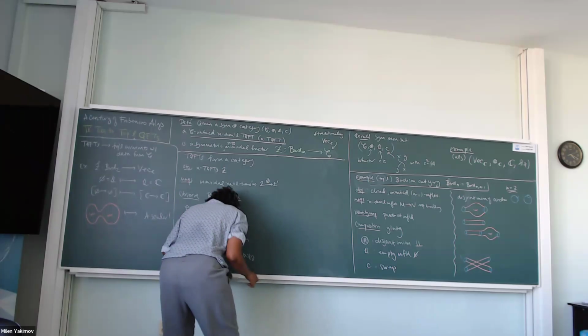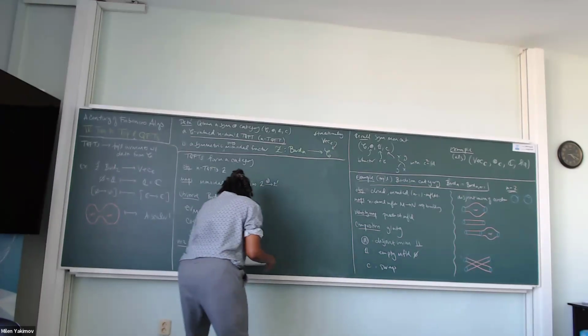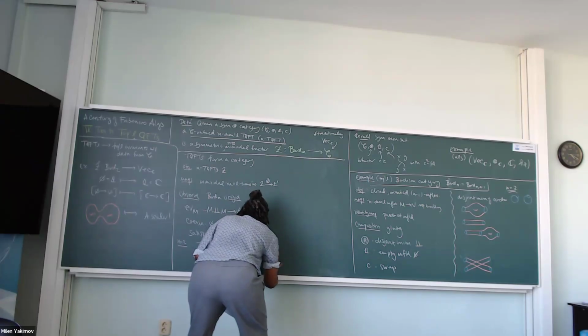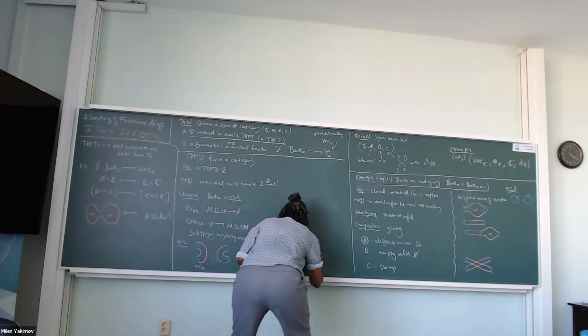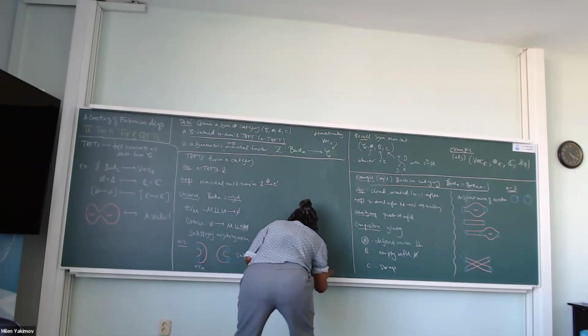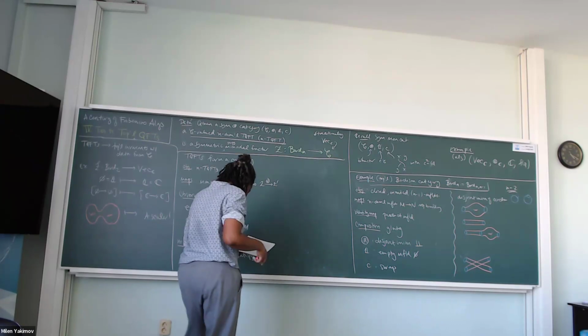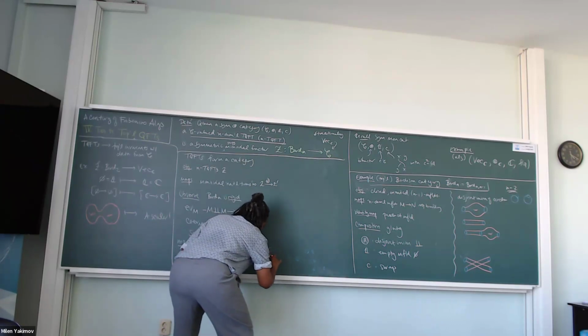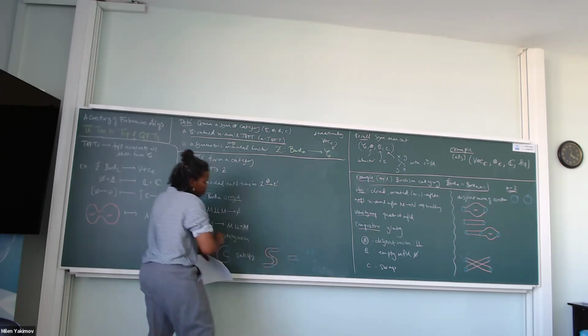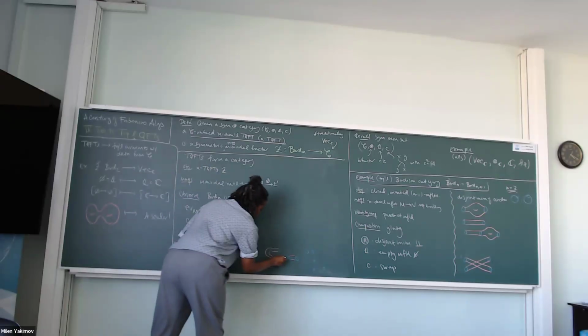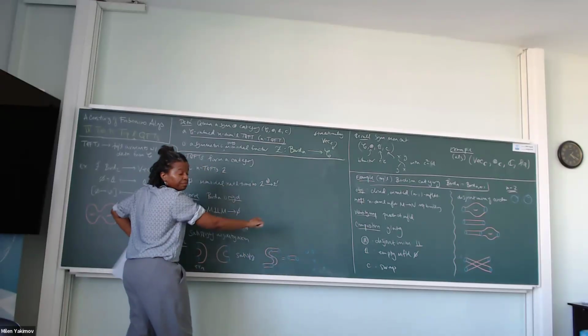And these actually satisfy the rigidity axioms. Namely, if I write this out, if I do my co-noodle and then my noodle in this way, that is equal to just the identity, just by stretching this out.